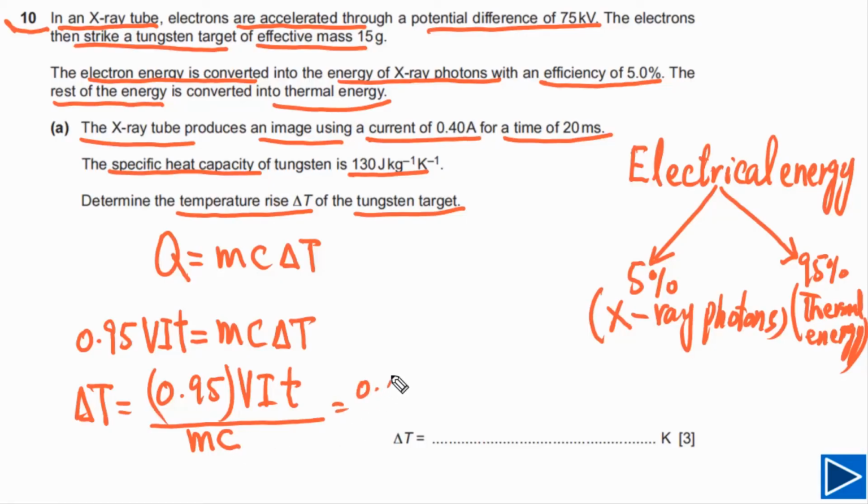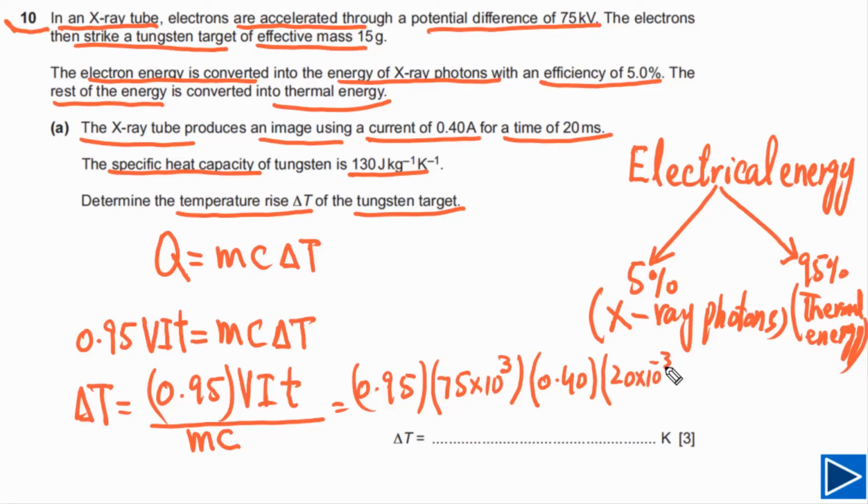So in this case, we have the value of V. We need to plug in the value of V. V is equal to 75 kilovolts, so we have to multiply this by 1000. And current is given, that is 0.40. Time is 20 milliseconds, so we have to multiply by 10 to the negative 3. And this one has to be divided by mc.